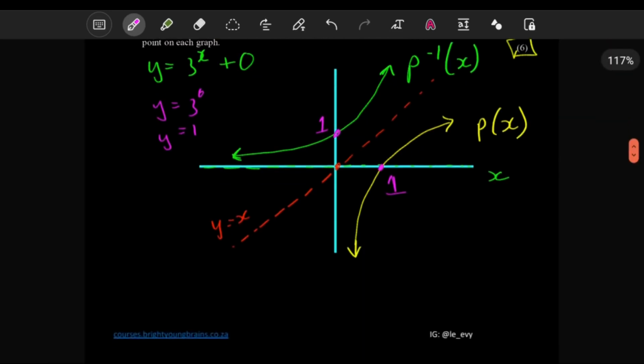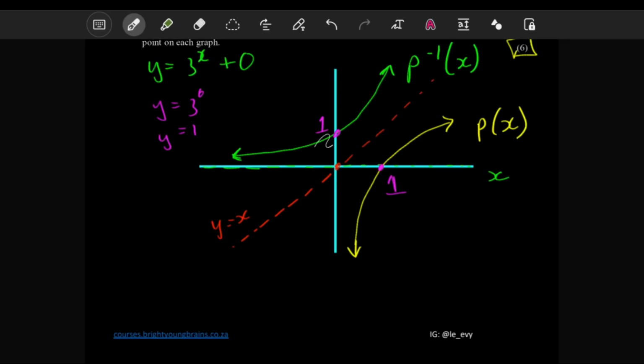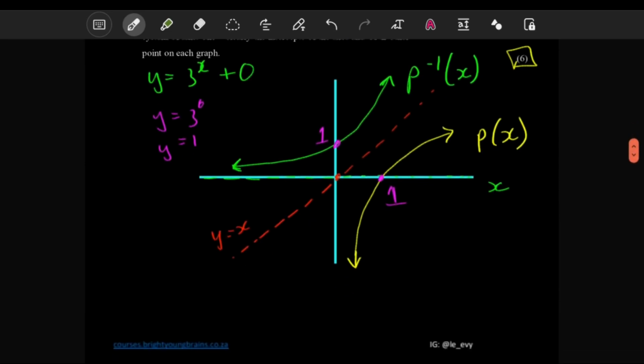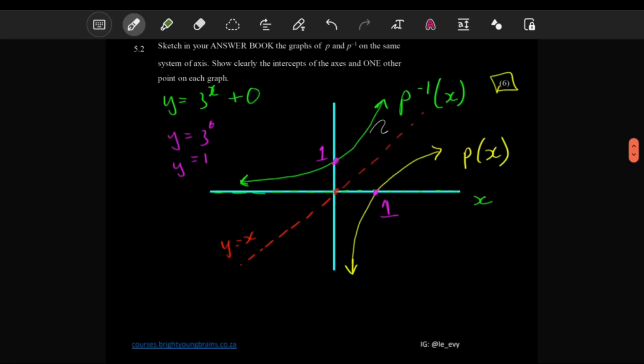Anyways, they said we should show any other coordinate as well. The good news is you can make it whatever you want. You can just throw a coordinate into your graph and plot it. They say one other point on each graph, so you can get a point on the inverse.